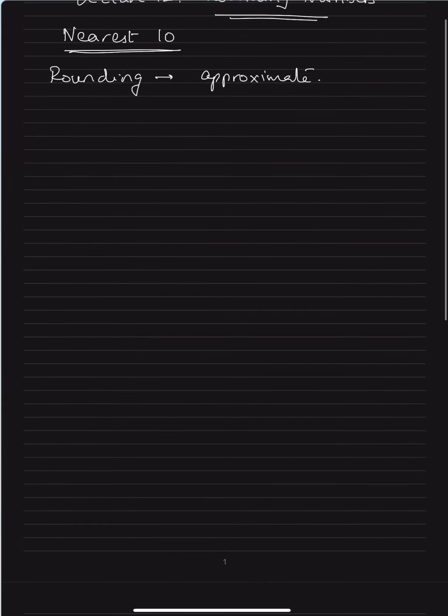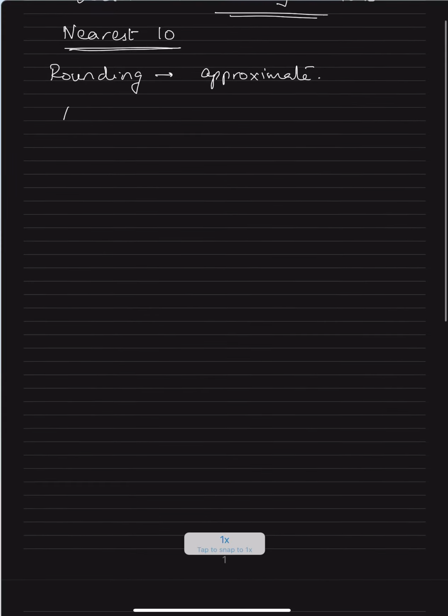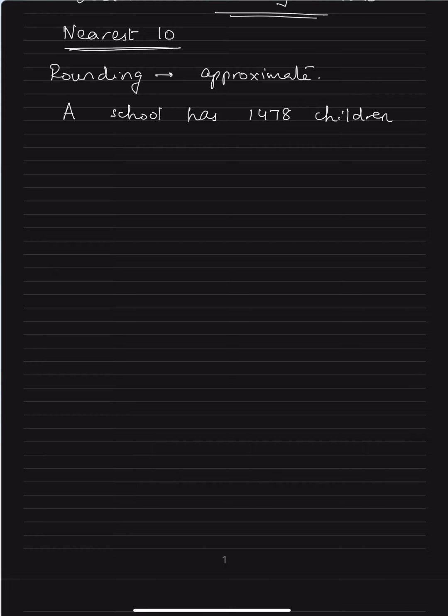Let me make it more clear. Suppose if I say that a school has 1478 children. Okay, but if somebody is asking me, then I will say that the school has about 1500 children.